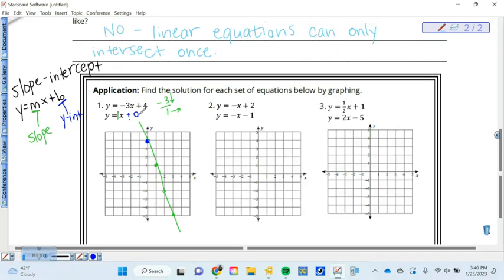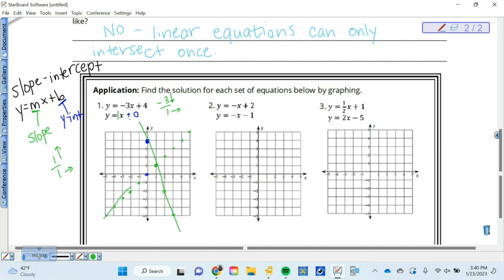So 0 is our starting point, and then my slope is 1. What does a slope of 1 mean in terms of rise over run? Exactly, up 1 over 1, up 1 over 1. So I do that, and I'm there. Can draw it all the way out and be really thorough.